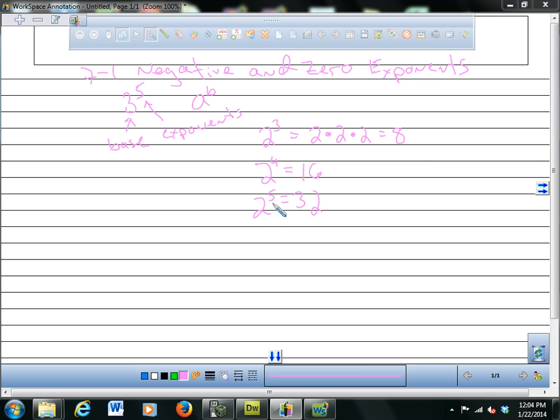Multiplying by 2, right? So what would be 2 to the 2nd power? 4. What would be 2 to the 1st power? 2. What would be 2 to the 0 power?